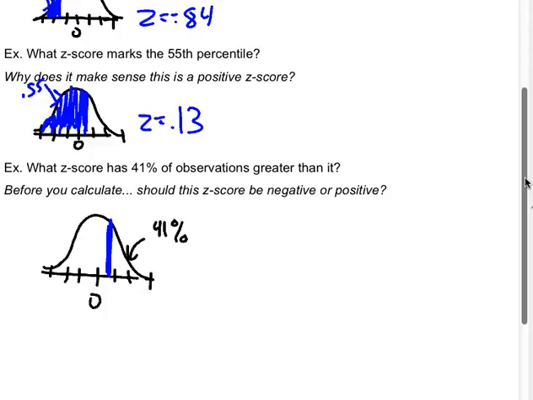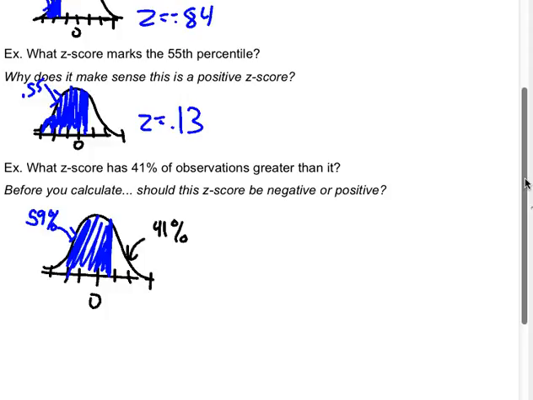Now, the calculator, though, only computes areas that are less than. Okay, so that 41% isn't what we want. We want the area that's over here. If 41% of it is greater than, well, 59% of it is going to be less than it. So it's that 59% that we really want, because every area calculation is left-sided, okay, to the calculator.